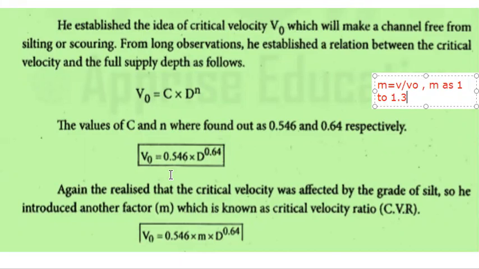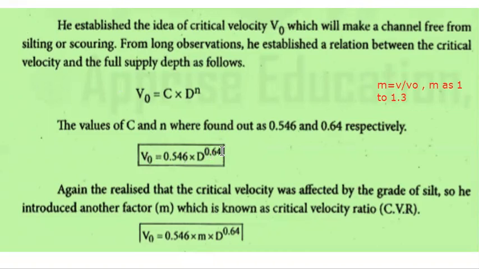So as I said, for case one, the given is discharge Q, rugosity coefficient N, critical velocity ratio M, and bed slope. So first, they assumed a trial value for the depth D in meters and calculated the velocity from V0 is equal to 0.546 into D power 0.64.